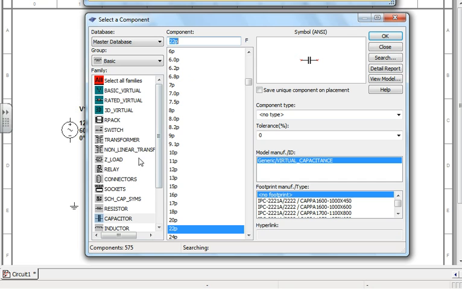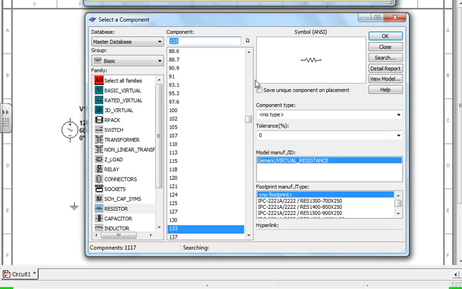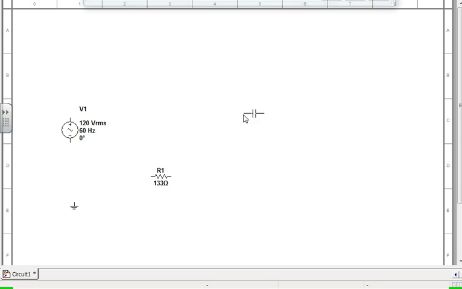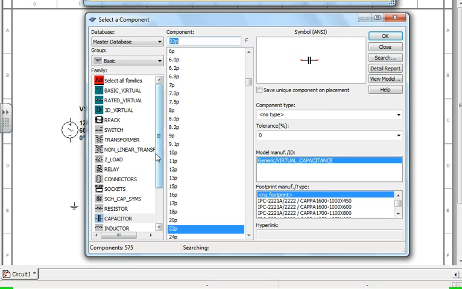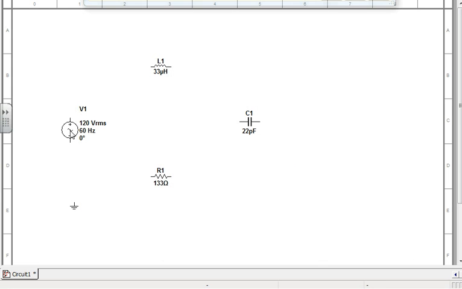I'm going to need a resistor, an inductor, and a capacitor. It doesn't matter what order these are in. They're in series, so it shouldn't be a problem.